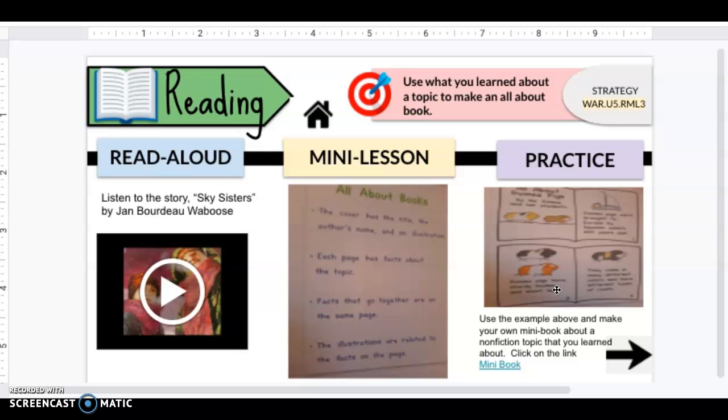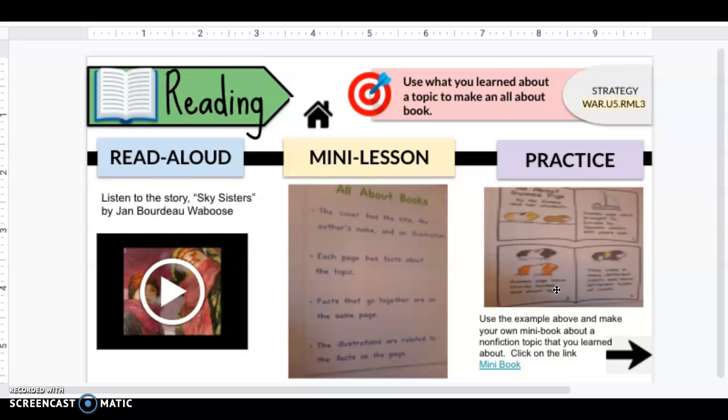So now I'm going to make a little book about all about mini pigs of my own, of the information that I learned. Now, I don't have to write the whole book. I don't have to copy the book. It's my mini book. So I'm going to take the information that I like and I learned, and I'm going to put it in a little book.